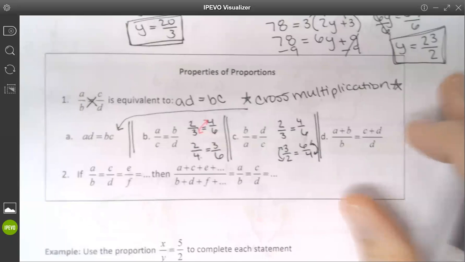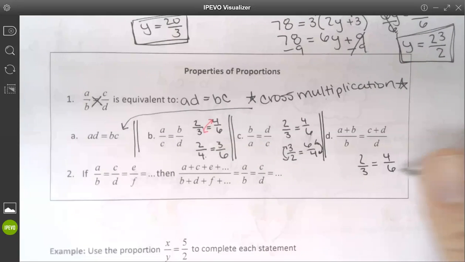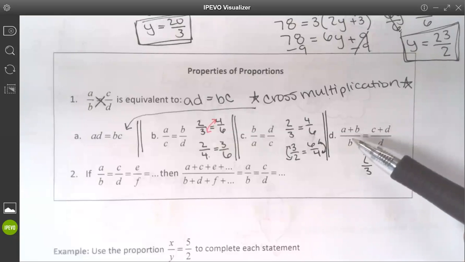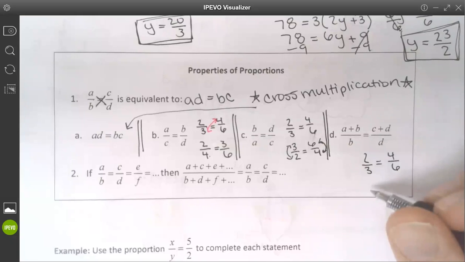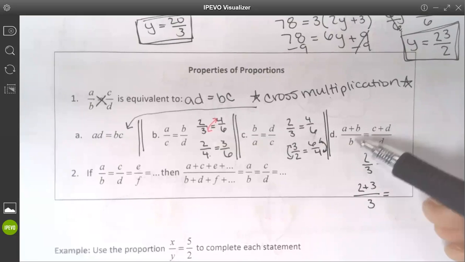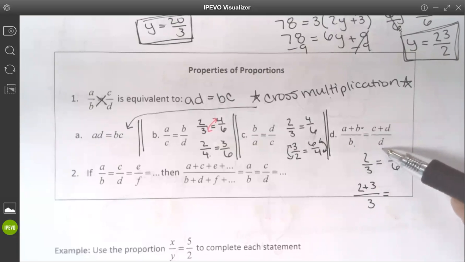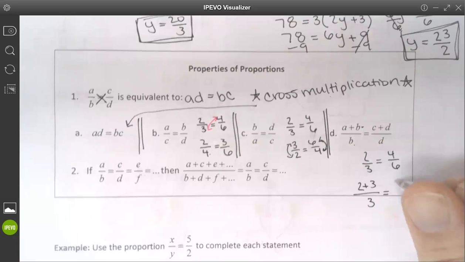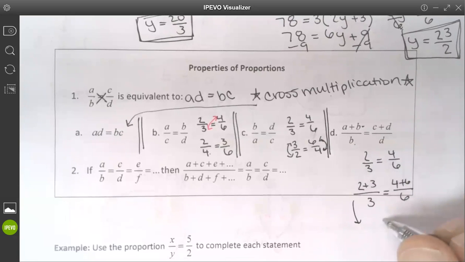Again, let's look at 2/3 equal to 4/6. What this property is saying is if I add a factor of my denominator, so if I add 3 on this side, that's B, and add the denominator over here, which would be 6, it will still be proportional.